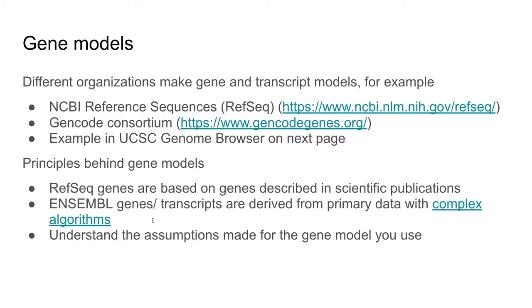So depending on your question, you would have to choose which model you use. Or you could use the Ensembl genes and you only use the reliable part of the Ensembl genes, which would more or less be equivalent to the RefSeq genes. So the point here is there's different models, different ways to define genes. Please understand and read up on the respective model you plan to use.